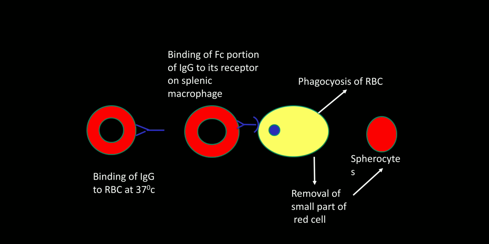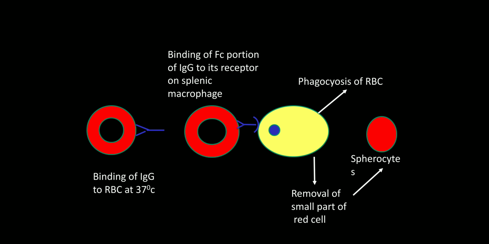The RBCs are getting lysed, and a small part of the RBC is getting removed, and that results in the formation of a spherocyte. So some RBCs will be completely destroyed, some RBCs will be partially broken, and that results in a spherocyte.